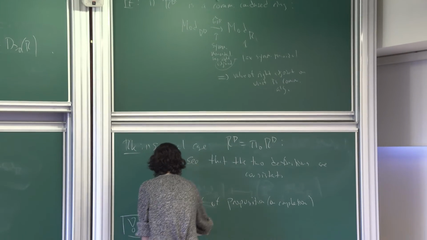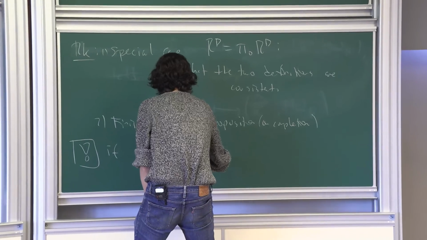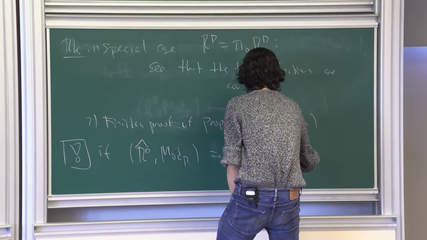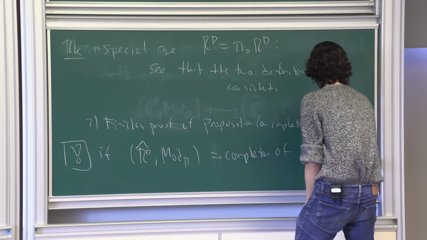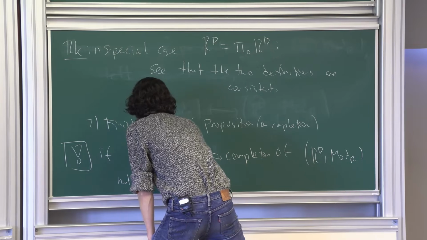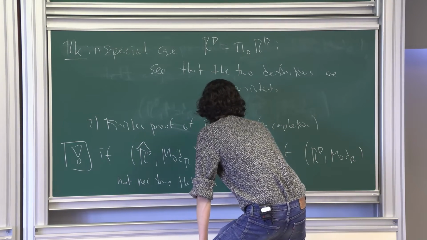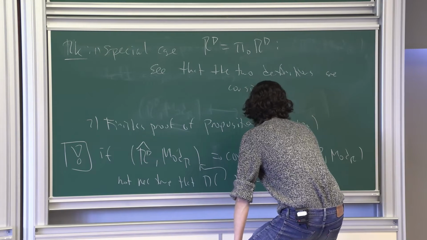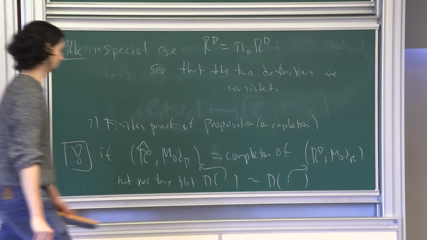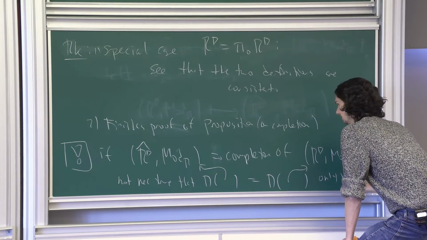So if R hat triangle mod R is the completion of R triangle mod R, then it's not necessarily true that the derived category of this thing is the same as the derived category of this thing, but only if you use derived completion on the left-hand side.